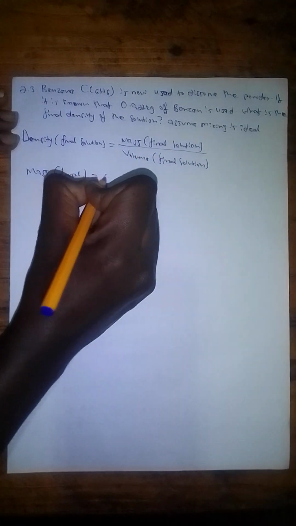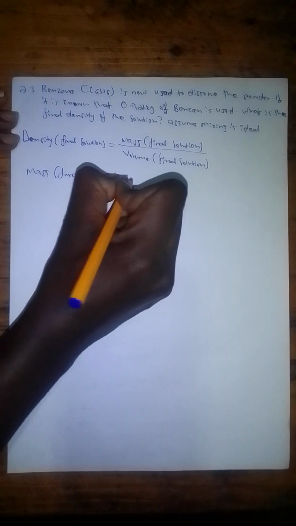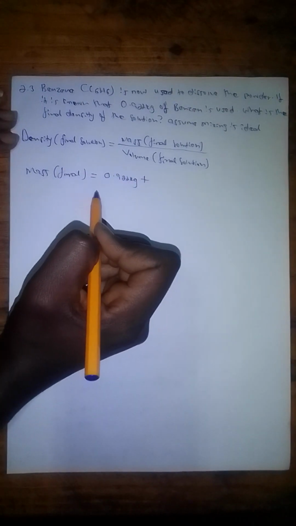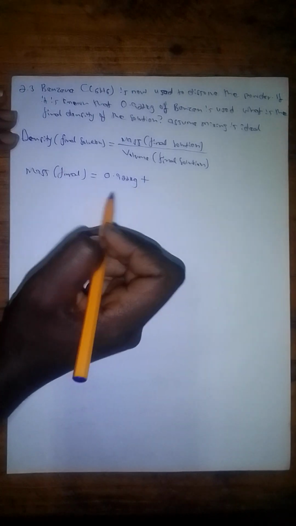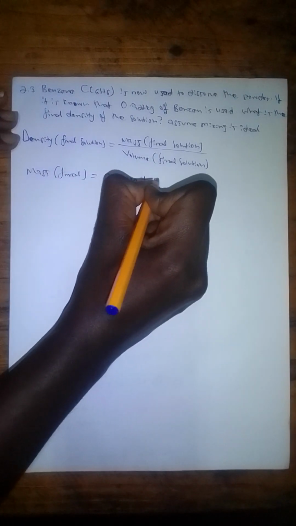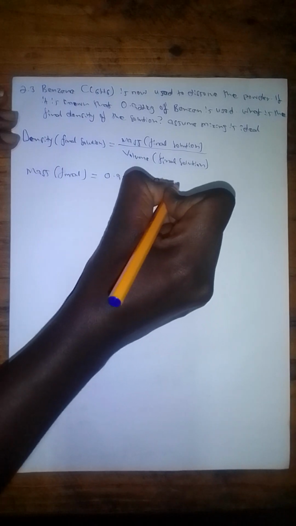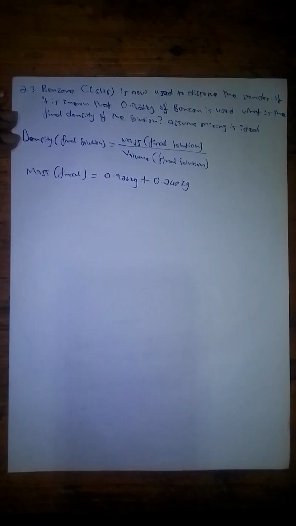So the mass of the final solution is equal to the mass of benzene, which is 0.922 kilograms, plus the mass of the unknown powder, which we calculated to be 0.248 kilograms.